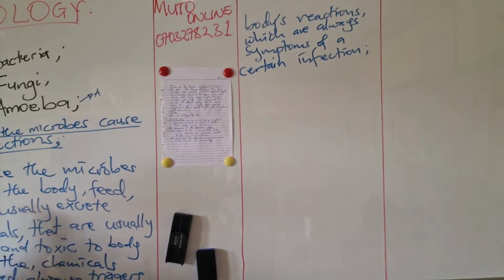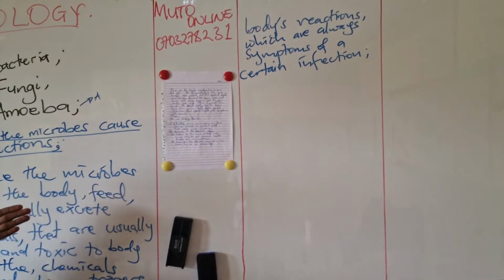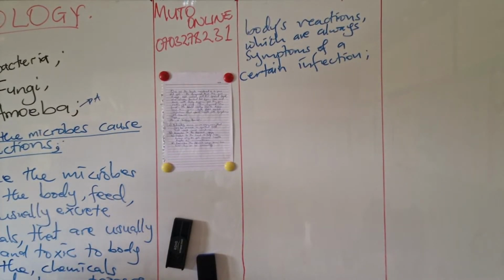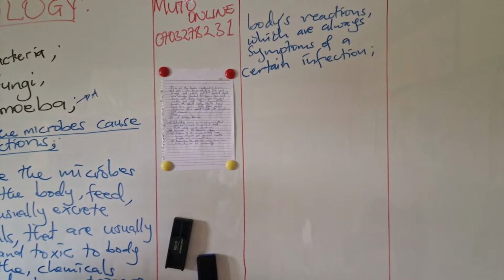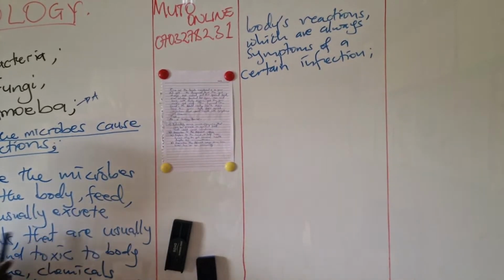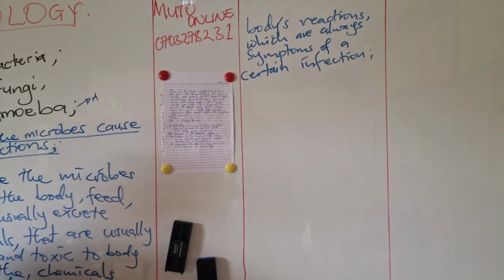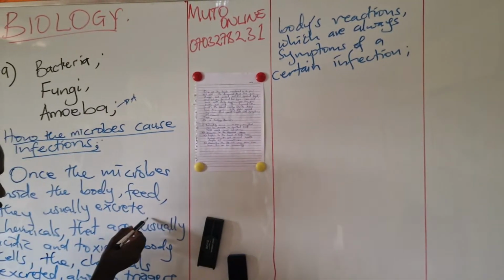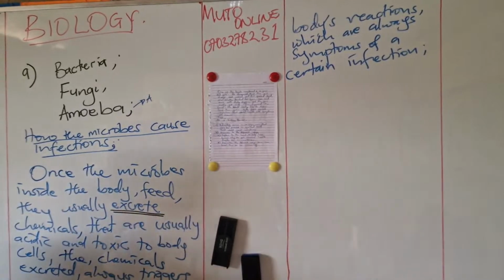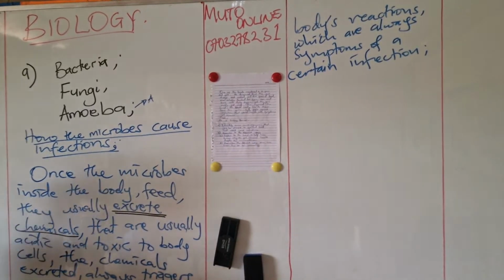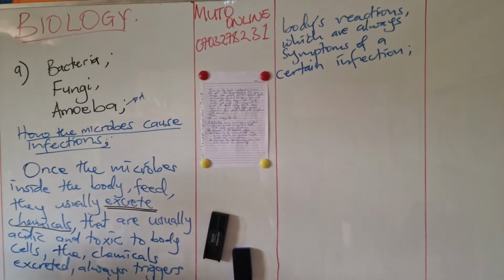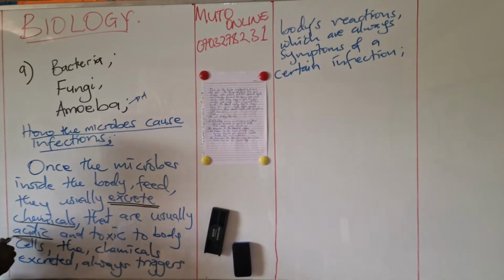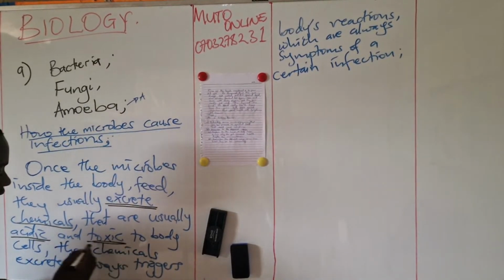They always feed on either the food we eat or the parts of the body, directly or indirectly. But after eating, these organisms go on and excrete. What they excrete are chemicals. These chemicals are always either acidic or toxic to the body.